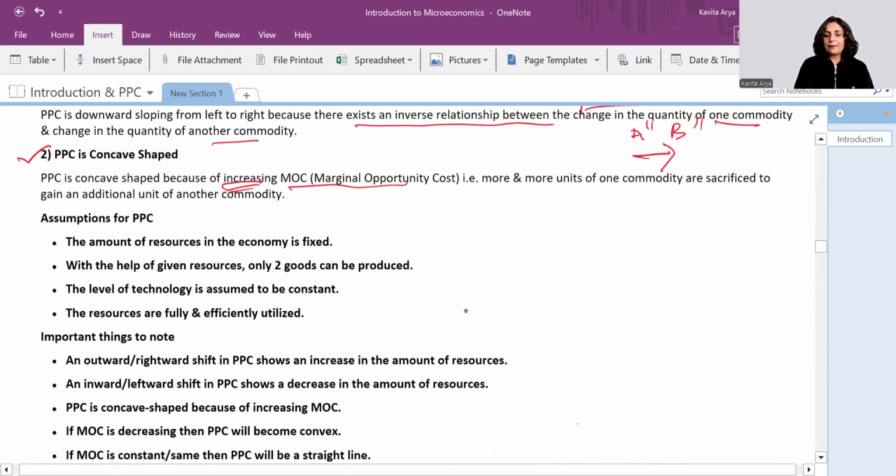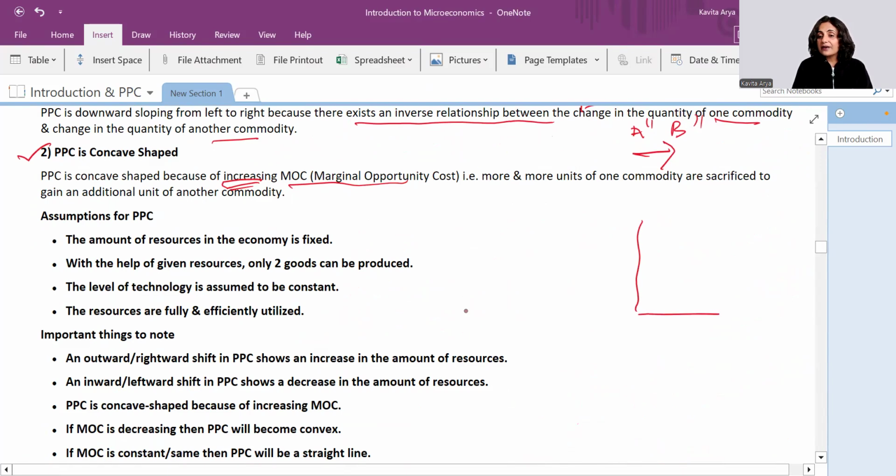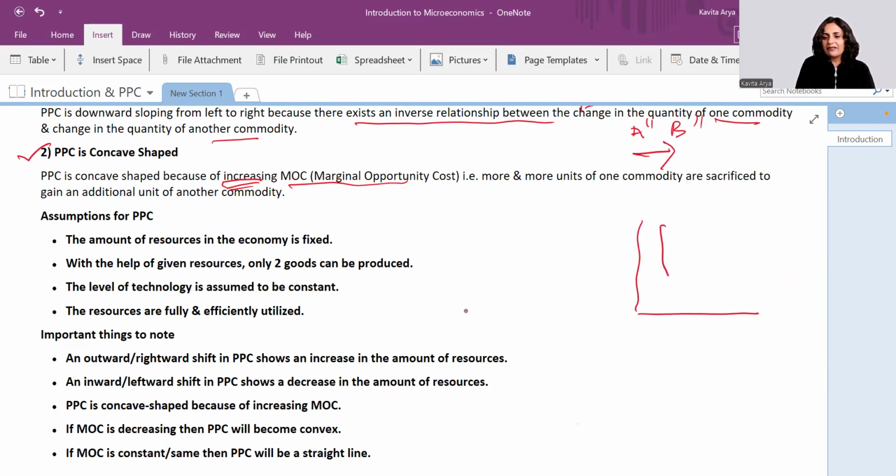In the next chapter, you will have the reverse trend: instead of 1 to 6, you would have 6 to 1, so you would have another shape. So it's basically the MOC which decides the shape. Now the assumptions are simple: resources are fixed, we are talking about only 2 goods, the technology is constant, and we are fully and efficiently utilizing the resources.